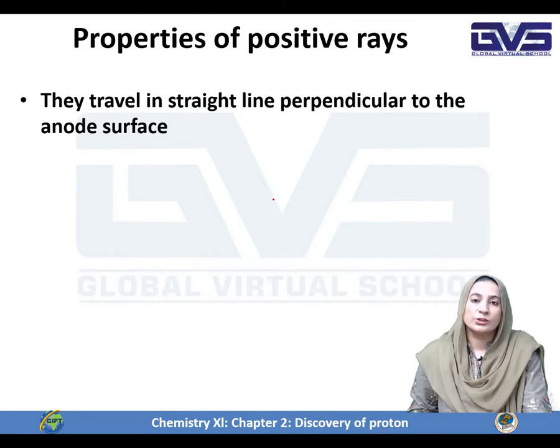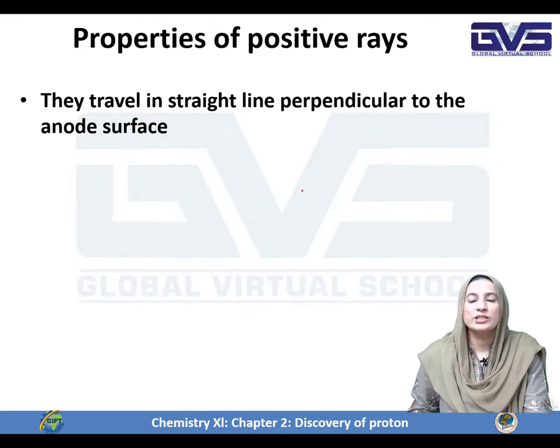Using the discharge tube, as for cathode rays and electrons, scientists also determined the different properties of positive rays. They travel in a straight line perpendicular to the anode surface when there is no electric field or magnetic field.